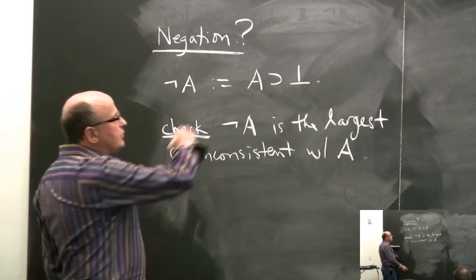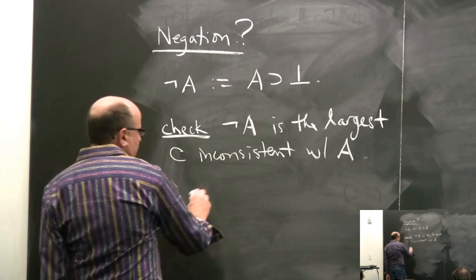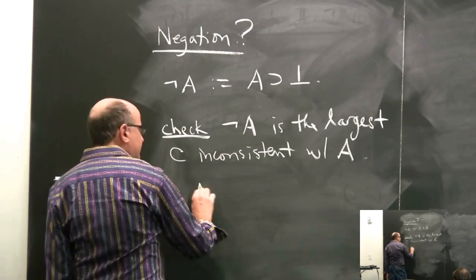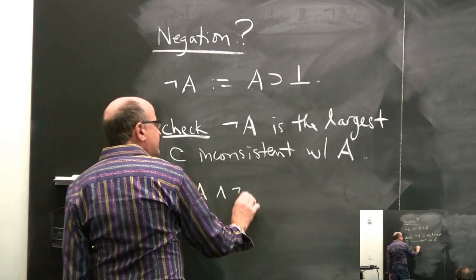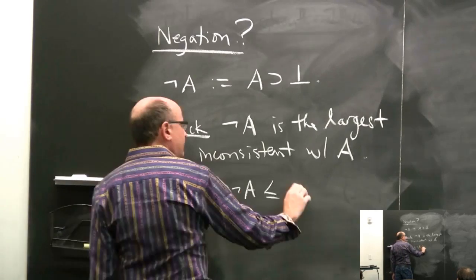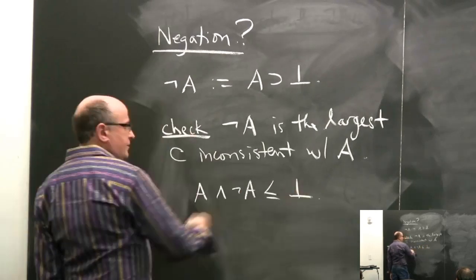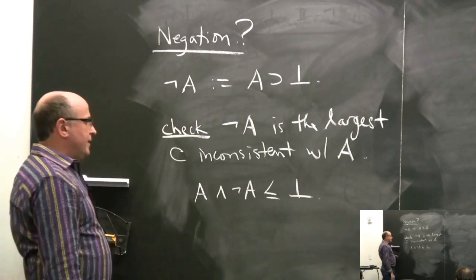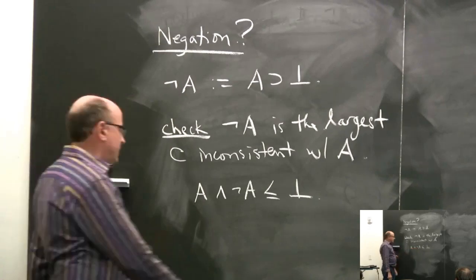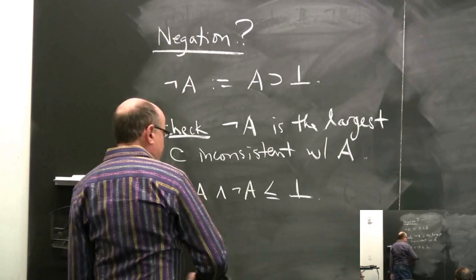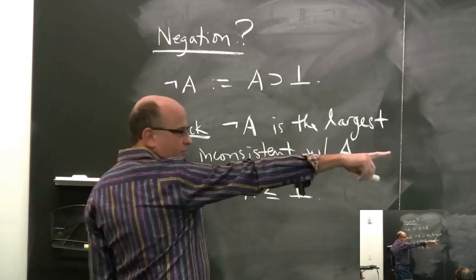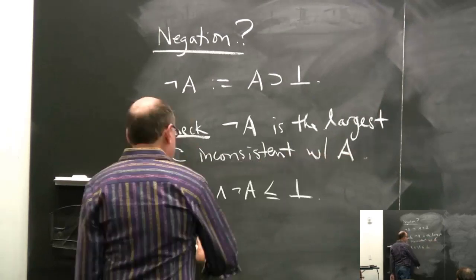So you can deduce from this, and I'll write what I mean by that, that in particular it's inconsistent with A. If you have not A together with A, then you get false. And it's the largest such thing. So that's just transcribing the exponential, right?